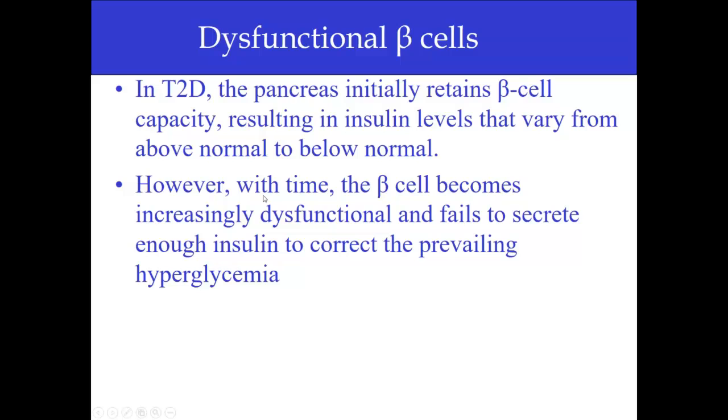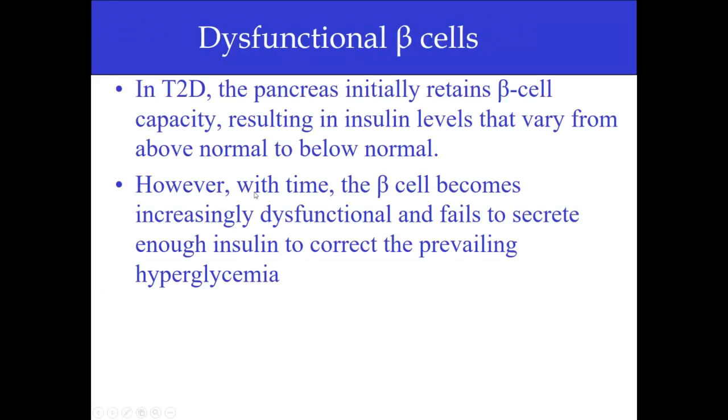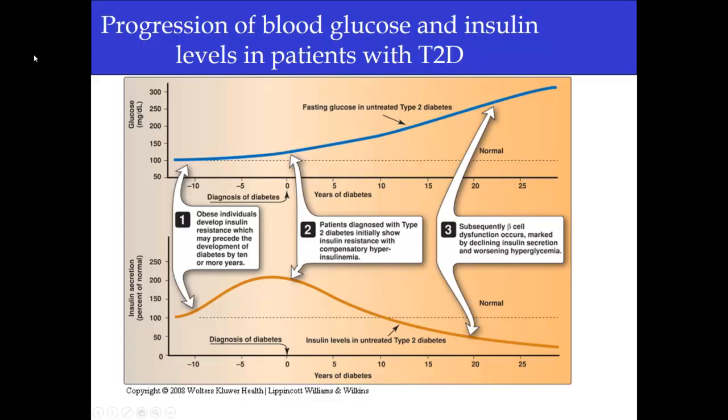So why do we have dysfunctional beta cells? It's believed that over time, because the pancreas is being forced to make more and more insulin because of the insulin resistance, the beta cells will become tired and dysfunctional, and they will start making less and less insulin. So you can see here the level of fasting glucose in untreated type 2 diabetes.